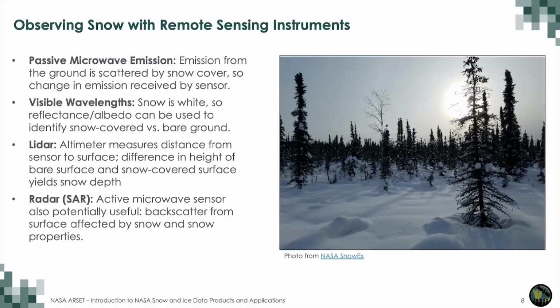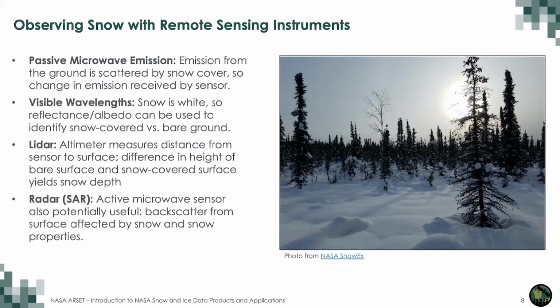So the snow cover changes the emission received by the sensor, and we can detect that change. Visible wavelengths, this one's fairly obvious. Snow is white, so the reflectance, or the albedo, that is very high for snow can be used to identify snow covered versus bare ground, as well as infrared wavelengths, and I'll talk more about that in a little bit.